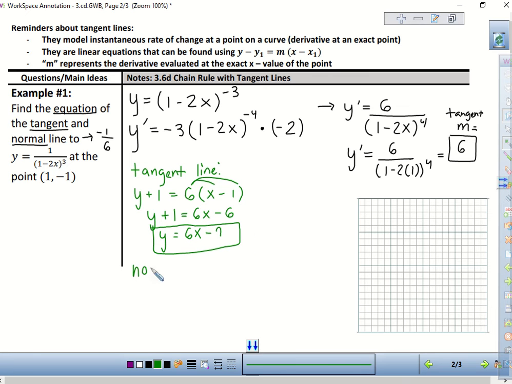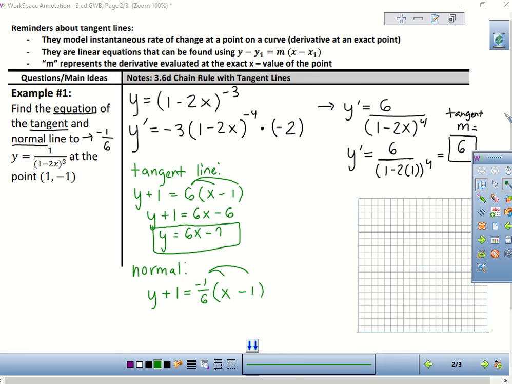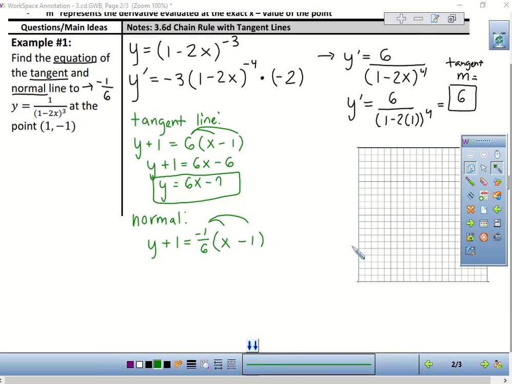Now we have to find the equation of the normal line. So what's the one thing that's going to change in my calculation? Which is now going to be -1/6. Do y'all remember about the opposite reciprocal rule and all that? Okay.